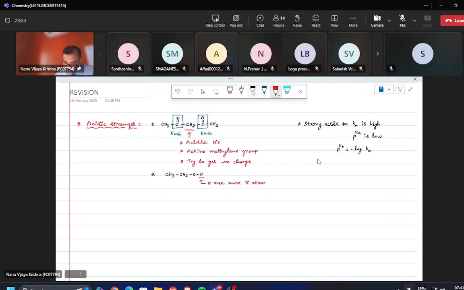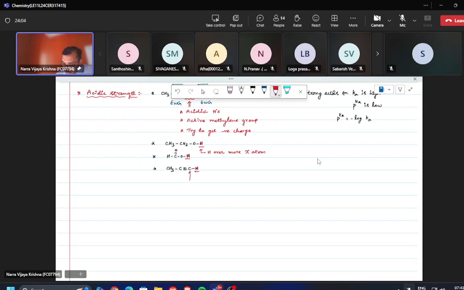Similarly, are these hydrogens acidic or not? Why are these hydrogens acidic?